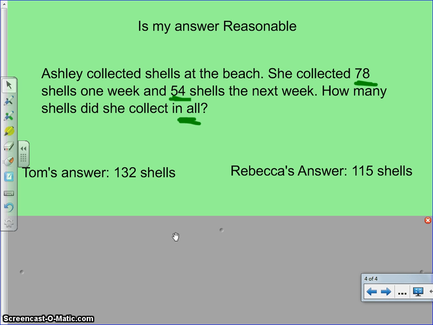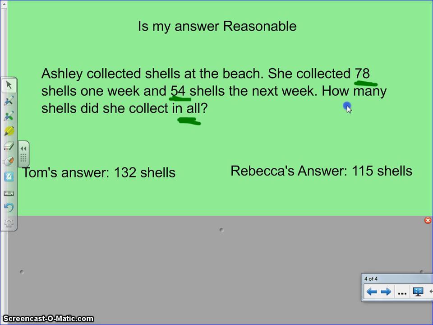I haven't done my adding yet, but there is a way to check and see at least which answer is reasonable, and I can do that by estimation. I can estimate the two numbers, get an answer that should be close to the right answer, and then I can look at Tom's answer and Rebecca's and see which one makes sense with my estimation.